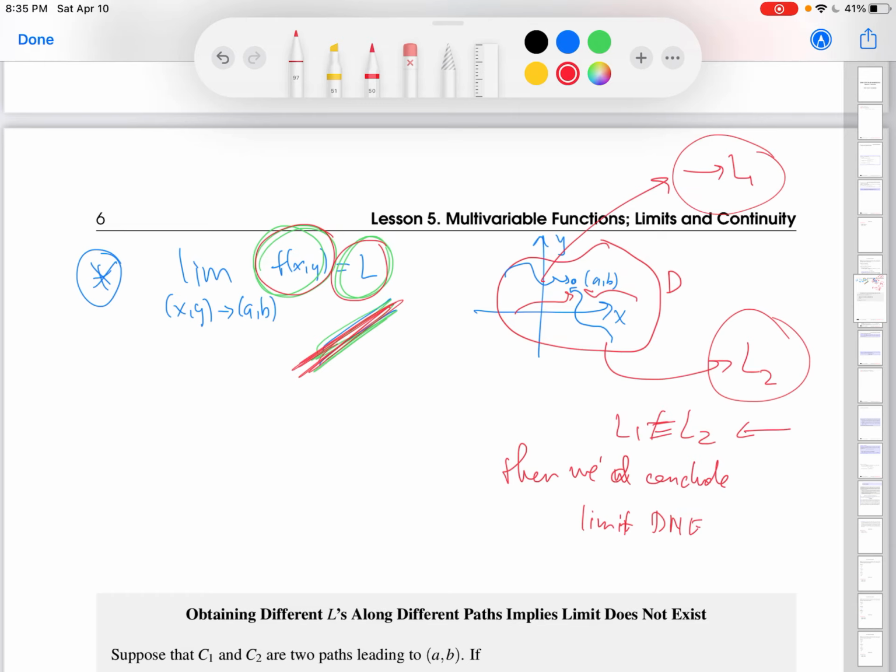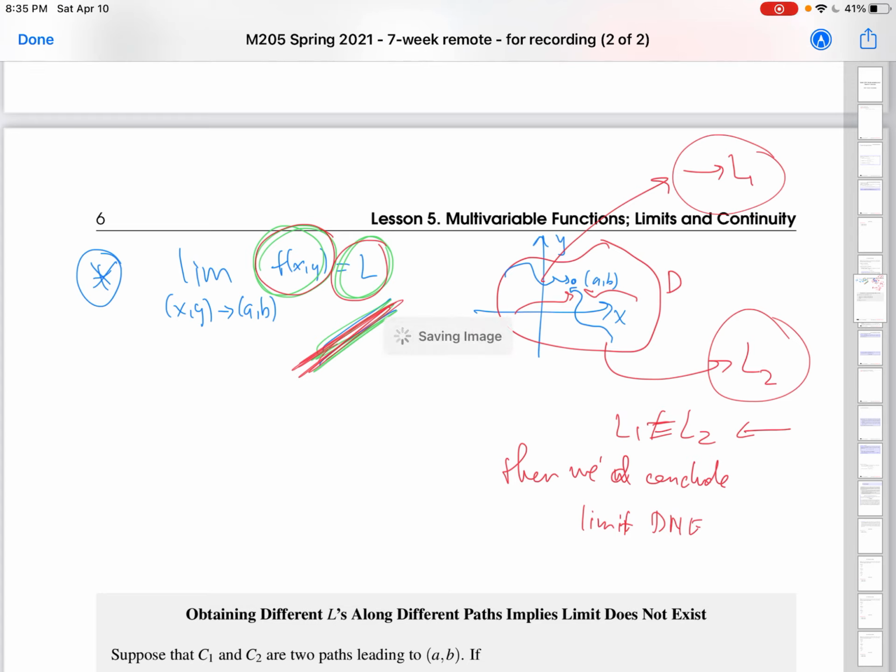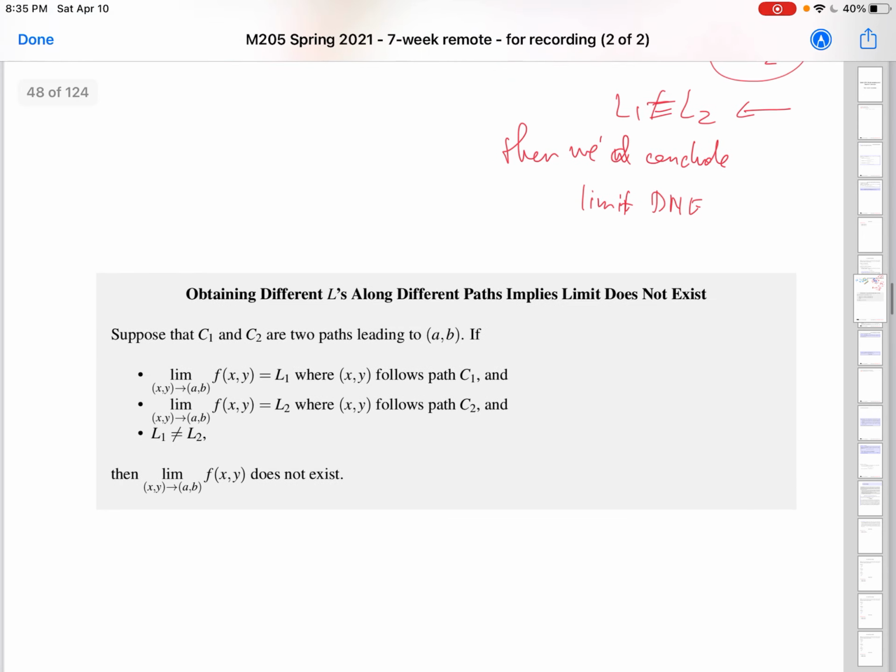Not tending to the same number could be in the calculus sense. It could also be not tending to a number. So maybe it goes to infinity. f of (x, y) goes to infinity as you approach (a, b) along a certain path. So I've put that information here so that we can reference it later.